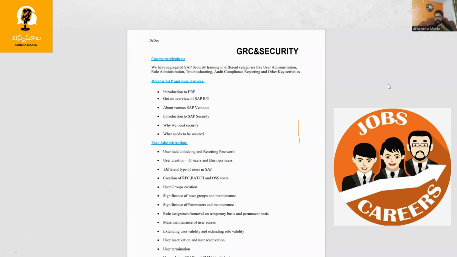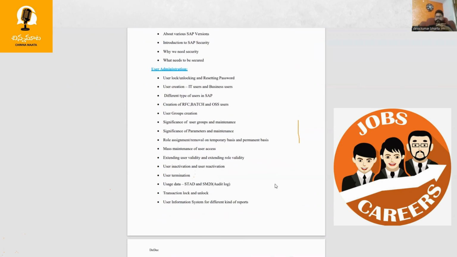I have explained how ERP was introduced into the market, why there is demand in the market to use ERP, how you are restricting the access for the employees, and why we need the security. I explained what needs to be secured also. So do you guys have any doubts?